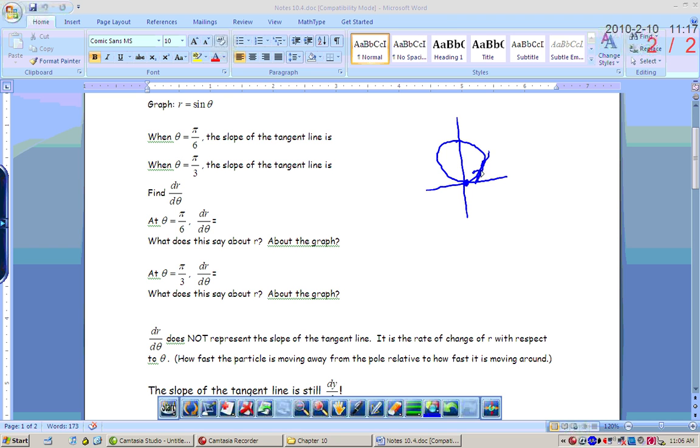Is the slope of that tangent line positive or negative? Positive. Okay. If theta is pi over 3, it's basically going to be 2/3 of the way through the first quadrant. Is that slope positive or negative? Negative.